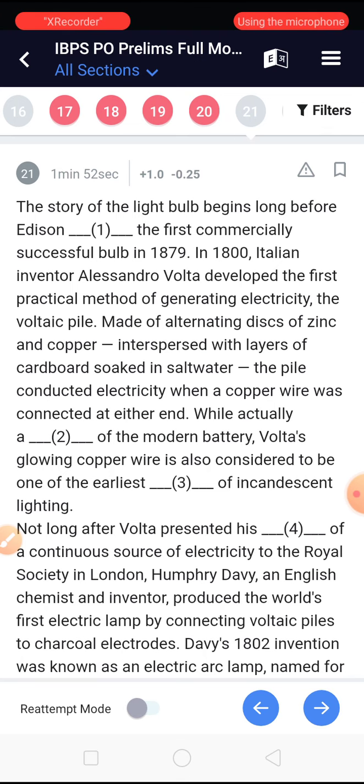The first commercially successful bulb was in 1879 by the Italian Alessandro Volta's development. The first practical method of generating electricity, the voltaic pile, made of alternating discs of zinc and copper interspersed with layers of cardboard soaked in salt water.